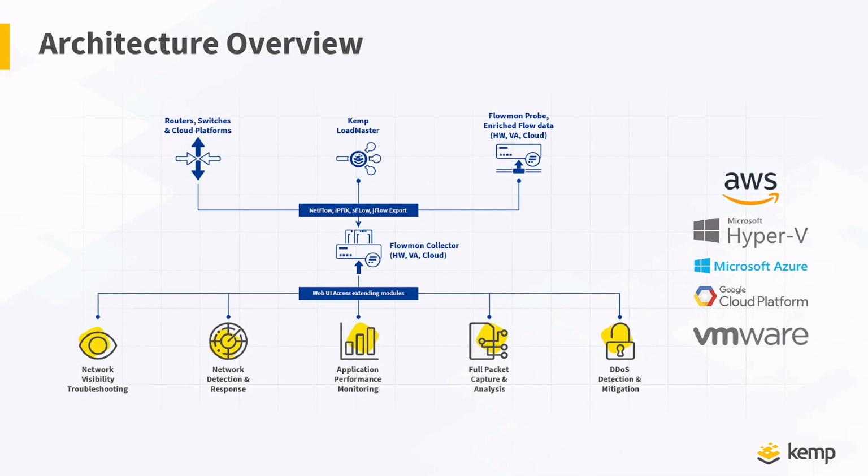These are different modules that we have built into the Flowmon architecture that we can enable based on the central core repository of flow data. And again, Pavel will go into more detail on this architecture and what we can do, but this is at least the first step in understanding the framework.